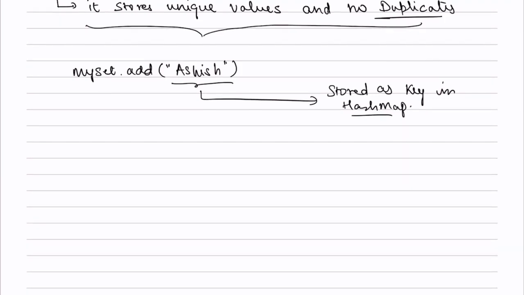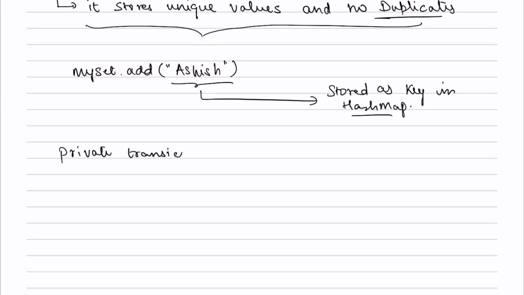Let me give you two statements which are written in the code. First is here, private transient, and this is inside the HashSet class. It creates a HashMap of E comma Object type, called map.